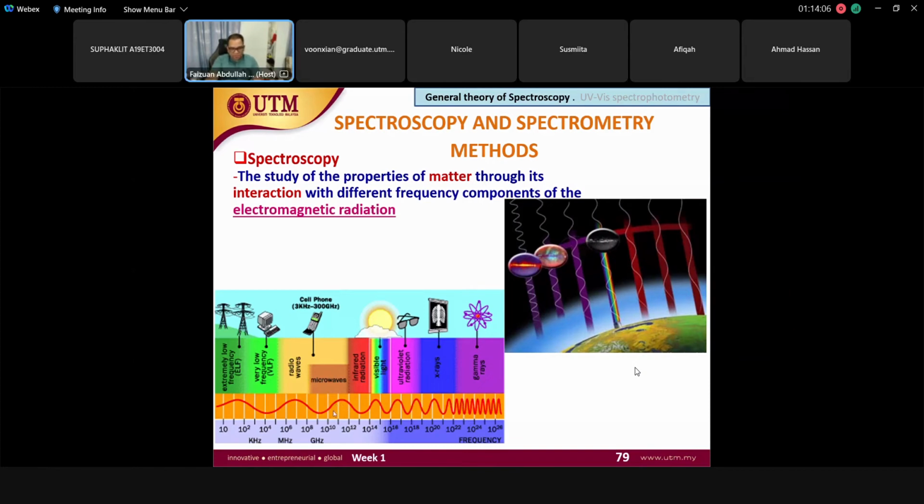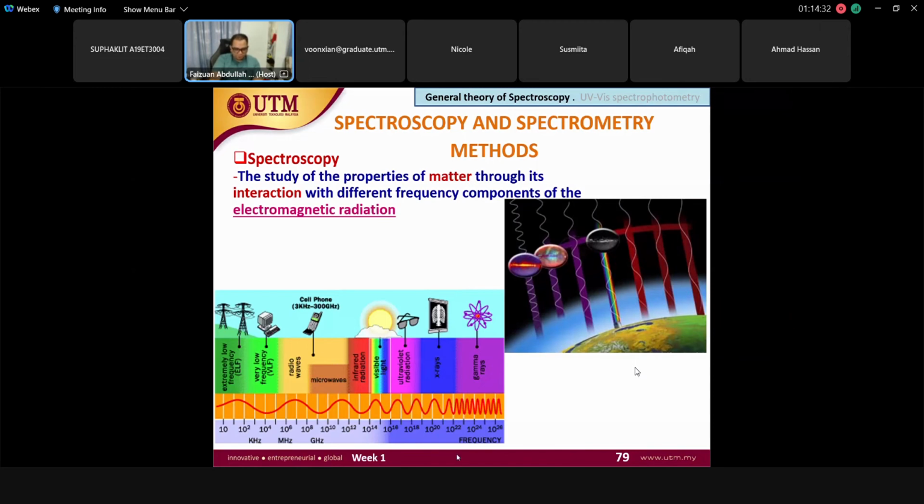Microwave is like at your kitchen, your mom uses that microwave to heat your food. And we have the infrared radiation from the sun, and also we have the visible light, the ultraviolet radiation, the X-ray radiation, and the gamma radiation.